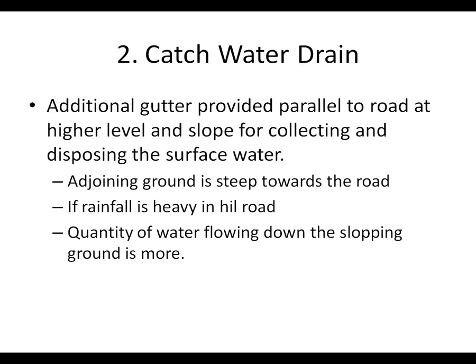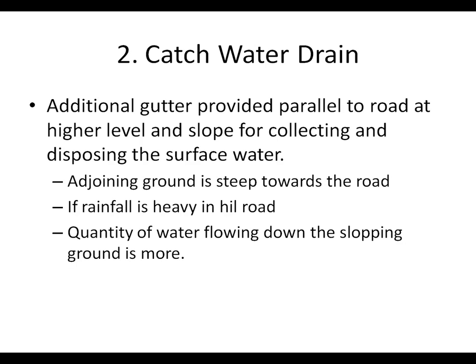Another is the catch water drain. When there is a hilly area and the elevation of the road surface is lower than the surrounding area, the slope nearby may cause a major problem, as it might have a very high velocity water discharge.